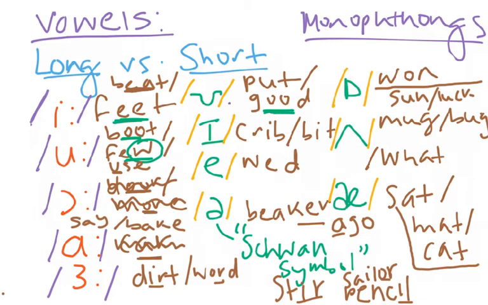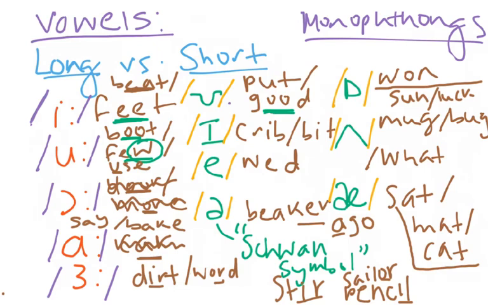Words such as soul, or even the word no. Those are all examples of actual long O sounds.